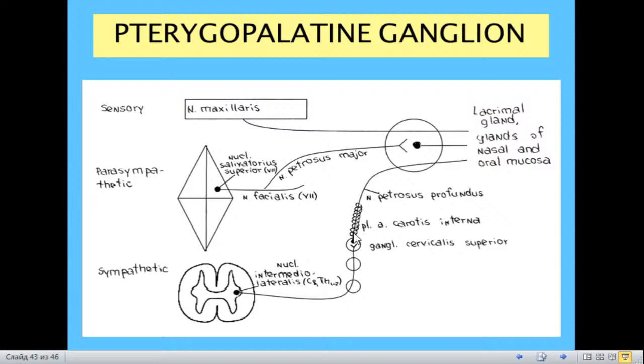Postganglionic fibers from this ganglion form plexus around internal carotid artery. After that, it gives off nervus petrosus profundus. It joins nervus petrosus major to form nervus canalis pterygoidei, and it reaches pterygopalatine ganglion. And if to say generally, these ganglions supply to lacrimal gland and also glands of nasal and oral mucosa.